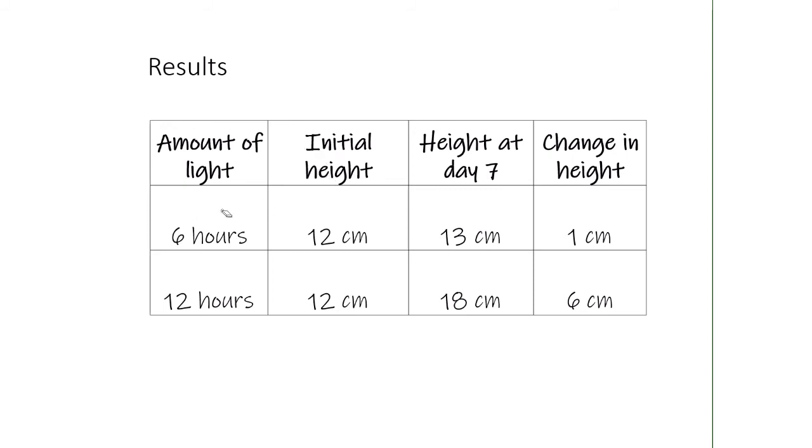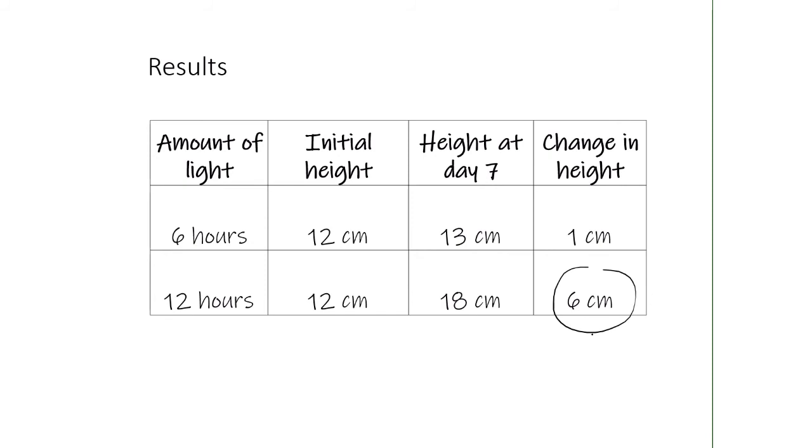So the amount of light, 6-hour plant, 12-hour plant, both initially at 12 centimeters. So after 7 days of this experiment, right, you measure the new height, right, and the one that was 6 hours is 13 centimeters, the other 18 centimeters. You can see more light results in more growth in height.